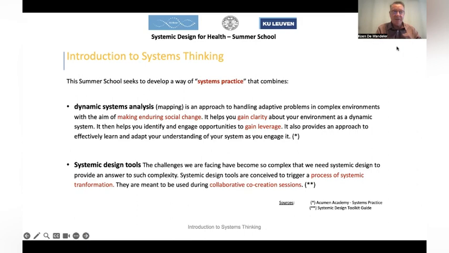And the better the leverage points, the better our chances to make enduring social change in that adaptive issue. Now, once we have the leverage points, we can start to develop systemic design tools.